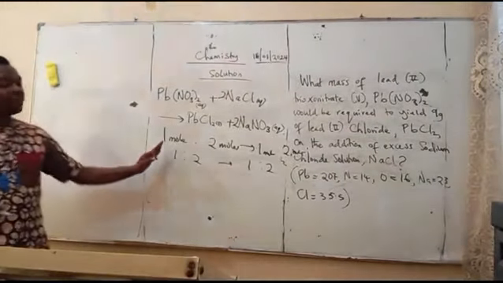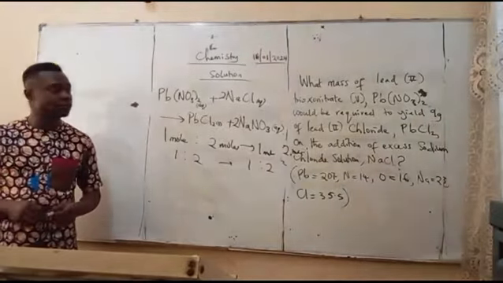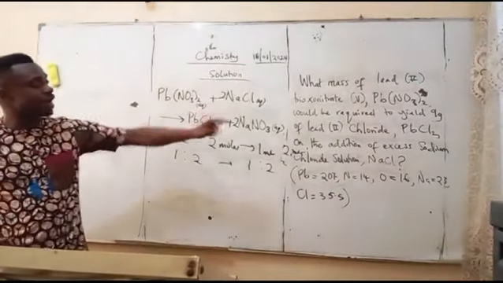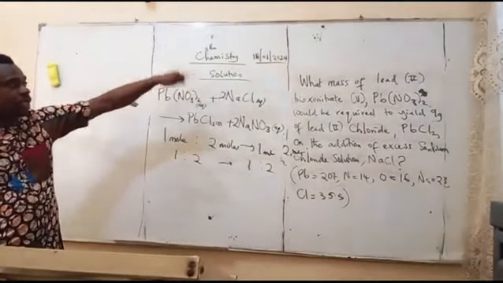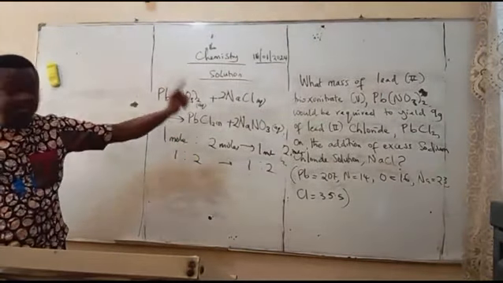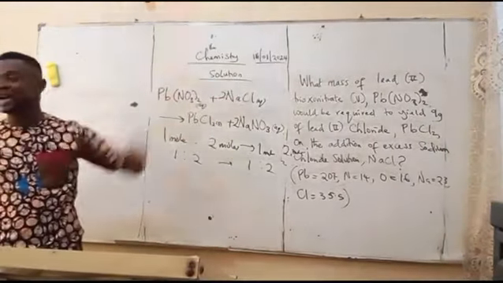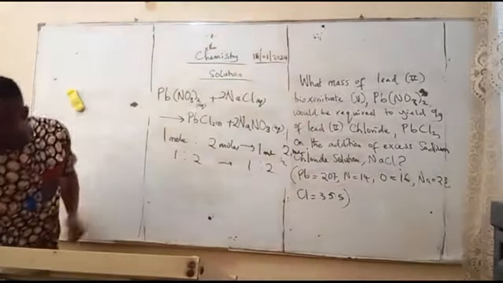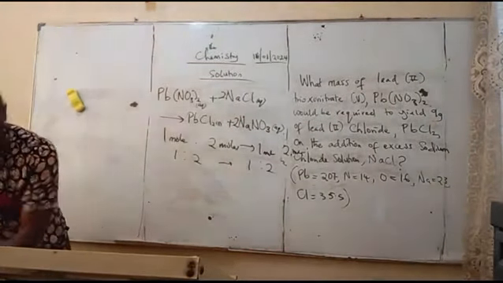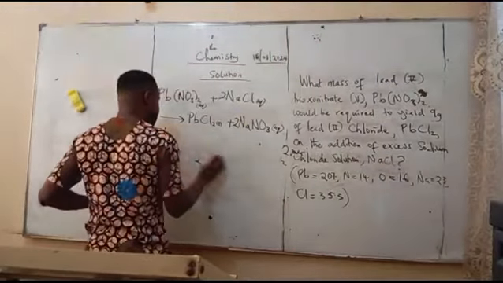Now having brought out the mole ratios, let's look at the equation again. We are asked to calculate the mass of lead(II) trioxonitrate(V) that will be required to yield 9 grams. So I've gotten what I'm looking for, so I can clean here. Let me clean everything here and write it well.